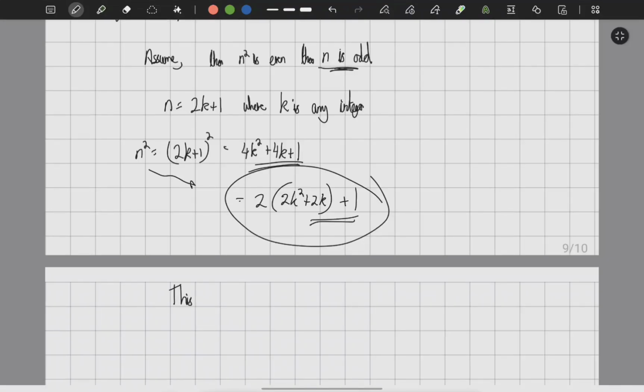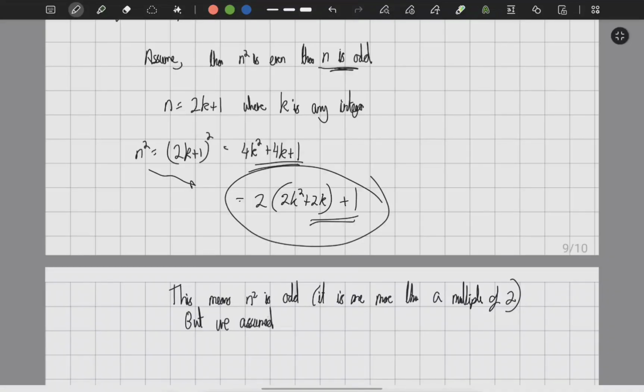So we can write, this means n squared is odd as it is 1 more than a multiple of 2. But we assumed n squared is even. This is a contradiction.